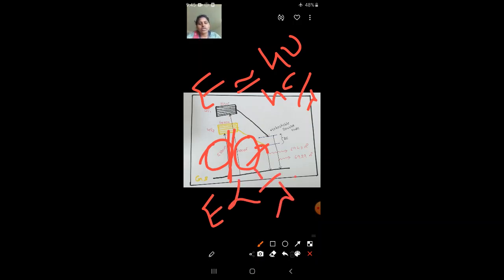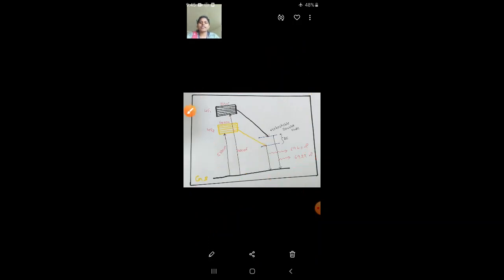That means if the wavelength is increased, then energy will decrease, and if wavelength is decreased, then energy will increase. But remember that this ruby rod only absorbs two colors, not all wavelengths. So more wavelength has less energy and less wavelength has more energy. So this is our ruby laser or ruby rod.